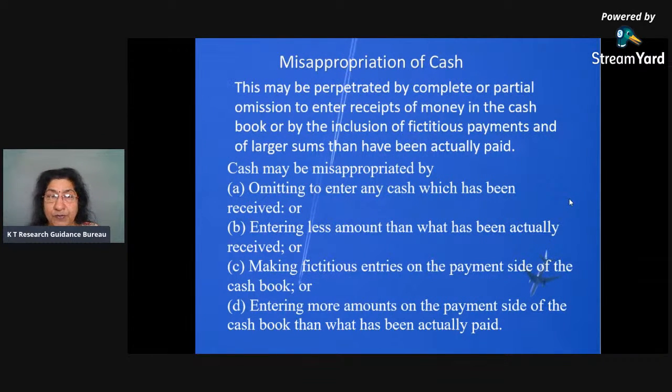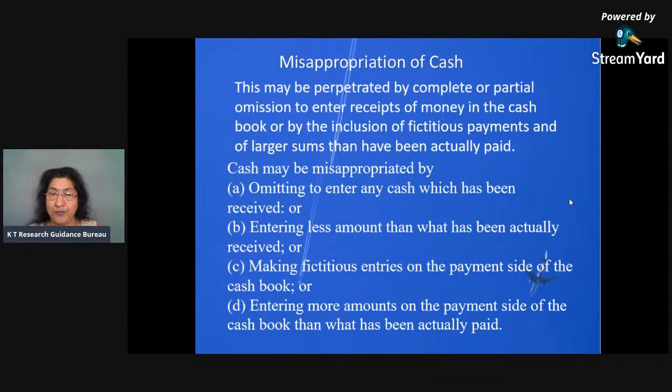Now, misappropriation of cash may be perpetrated by complete or partial omission of entire receipts of money, or by the inclusion of fictitious payments, or of large sums that have been actually paid.